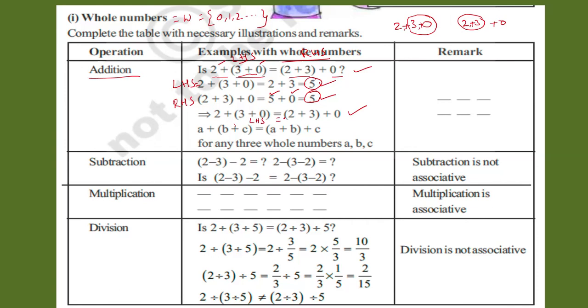Then we can conclude that whole numbers satisfy the associative property in addition. Simply we can say addition is associative in whole numbers. So we write in the remarks column, addition is associative.